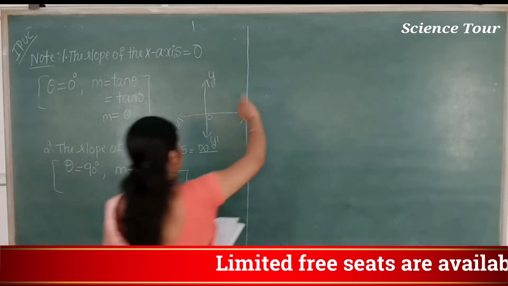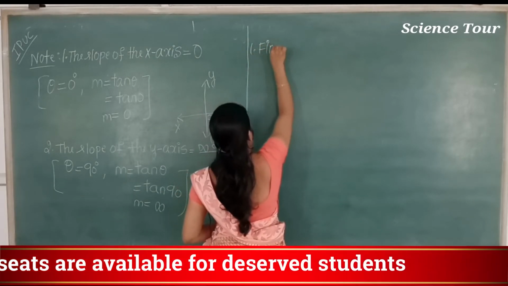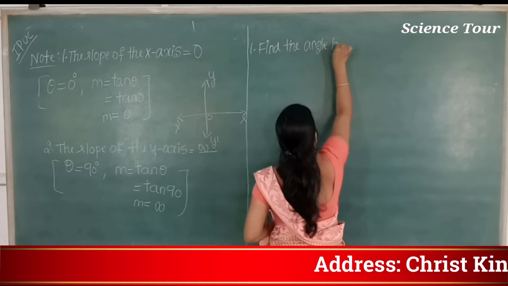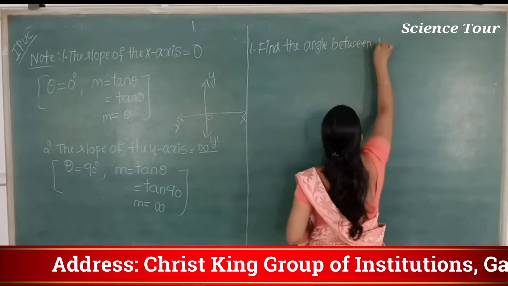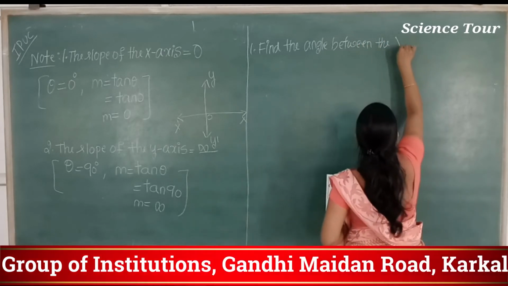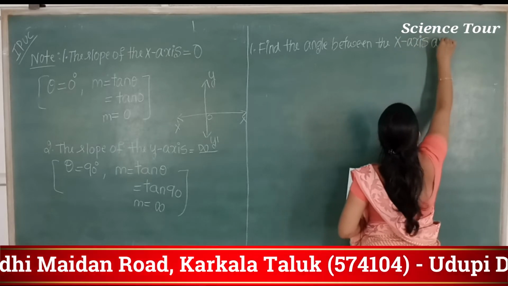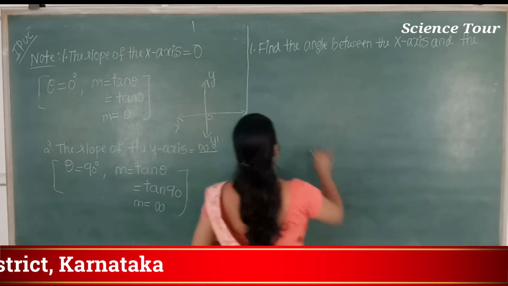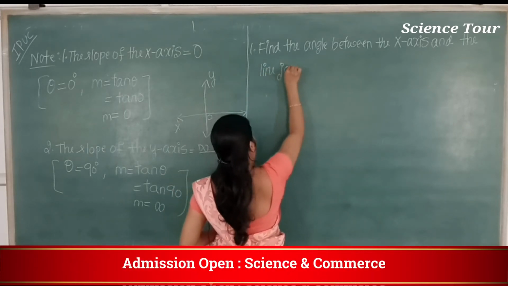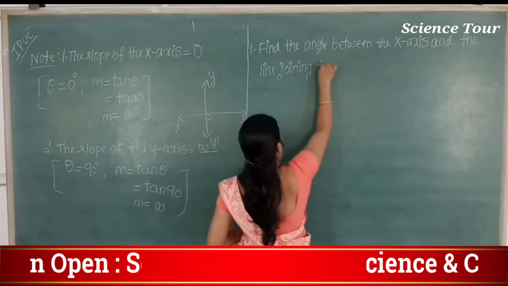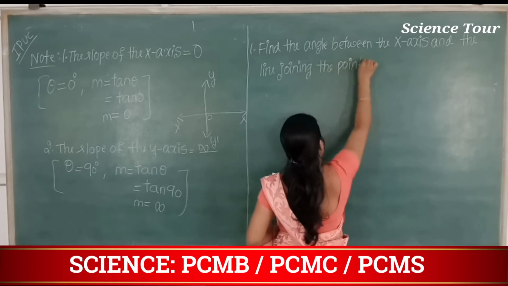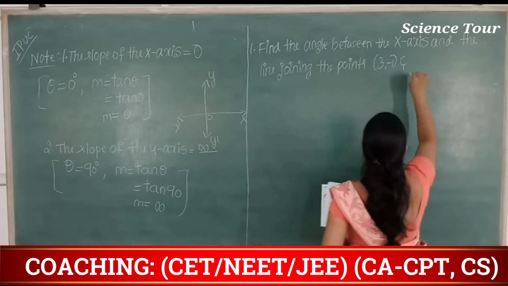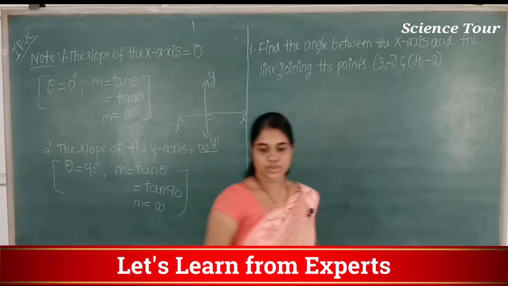The next question we'll consider: find the angle between the x-axis and the line joining the points 3 comma minus 1 and 4 comma minus 2. Okay, this is your question.